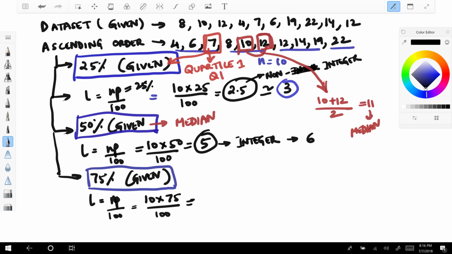So this is 7.5. Again, this is non-integer. So we round it off to the greatest value, which is 8. Again, we can go and look for the 8th location. The 8th location would be 14.